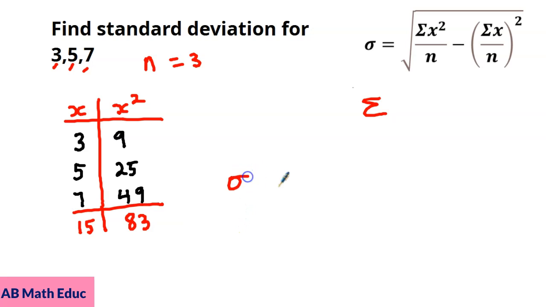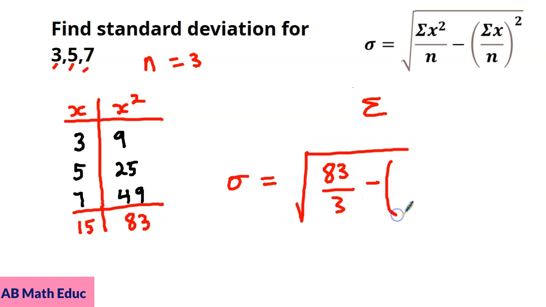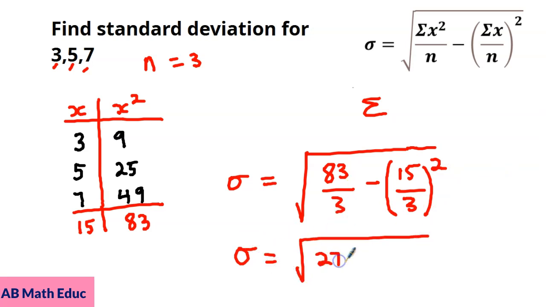Now we're going to calculate our standard deviation, which happens to be the square root of the summation of x squares over n, minus the summation of x over n, squared. So the summation of x squares is 83 and the n is 3, minus, make sure you bring this, when we sum the x, we got 15. So it's going to be 15 over 3 again. 83 divided by 3 is going to give us 27.667.